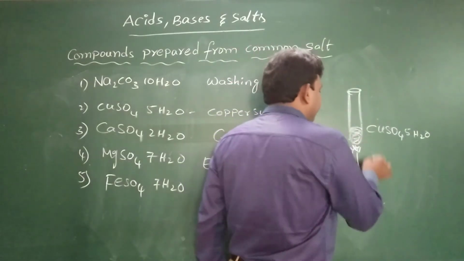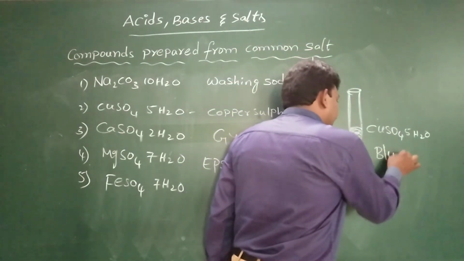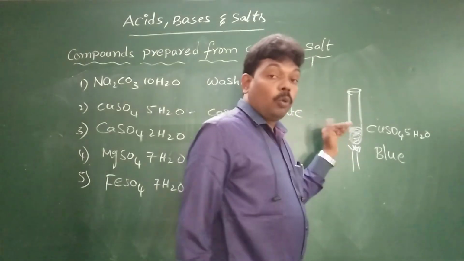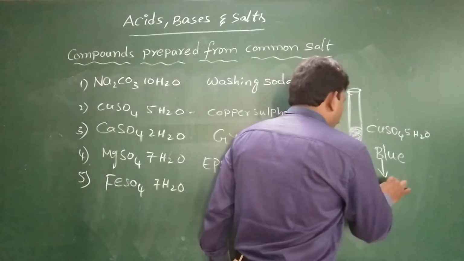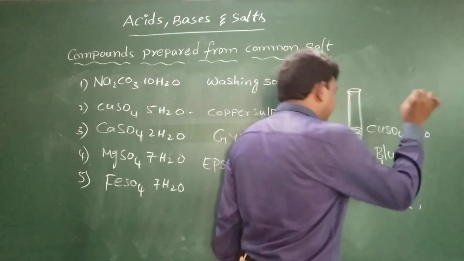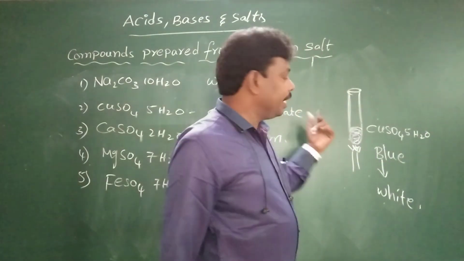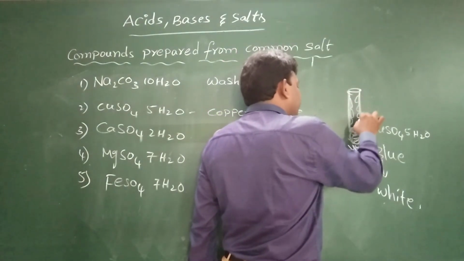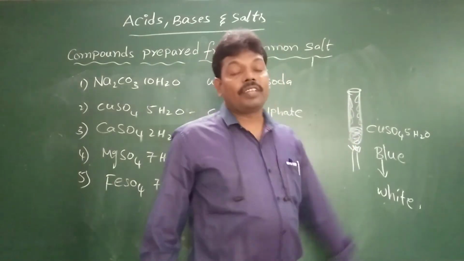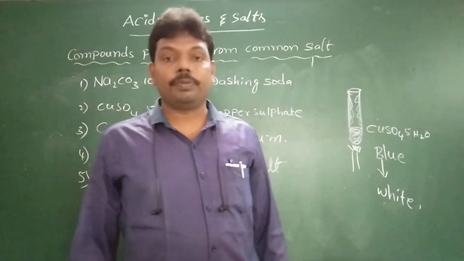When you are heating, the blue colored copper sulfate turns into white color. During that heating, you will observe some water drops on the inside wall of the test tube.